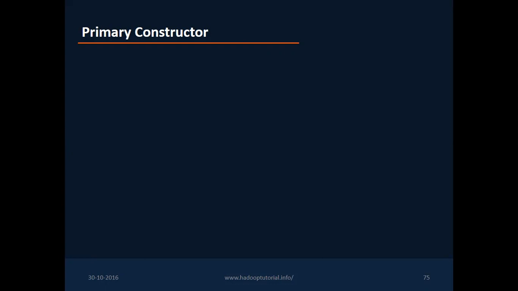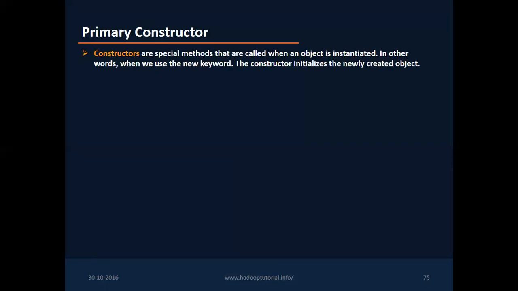That itself is your constructor, and that constructor we call a primary constructor. And constructors are special methods that are called when an object is instantiated, in other words, when we use the new keyword. The constructor initializes the newly created object.